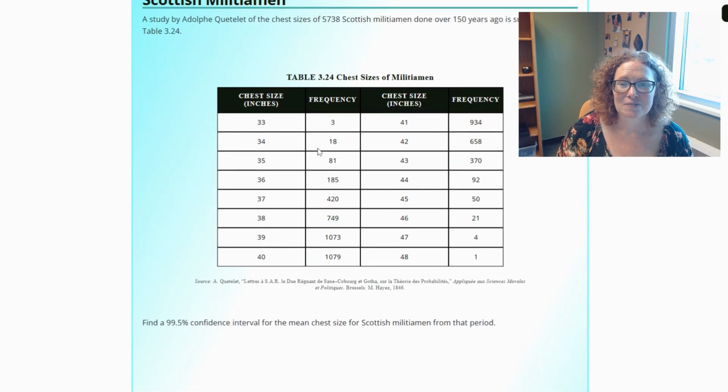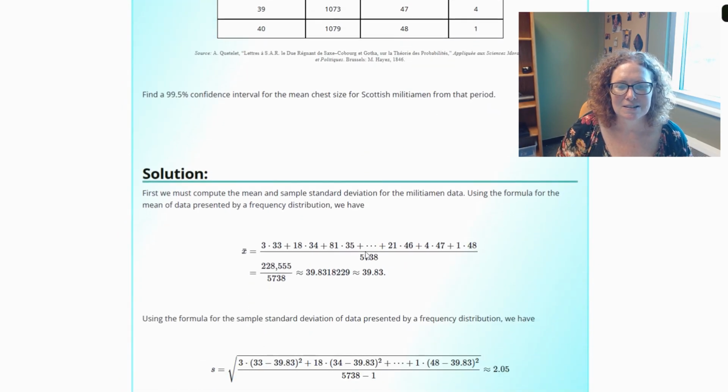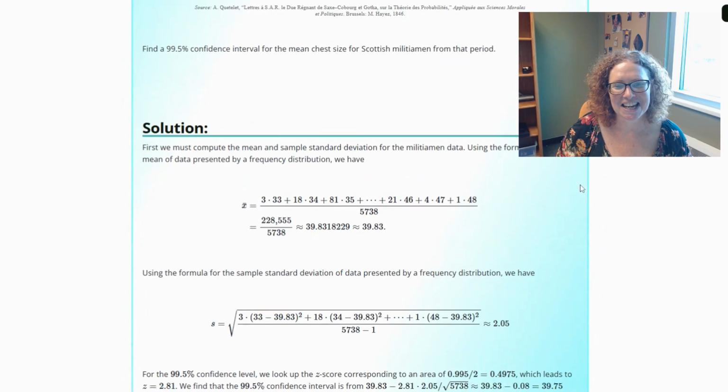So instead of just saying the 33, we have to say the 33 times the 3, the 34 times the 18, plus the 35 times the, and on and on and on, right? Divided by the sample size, 5738, and we get 39.83.